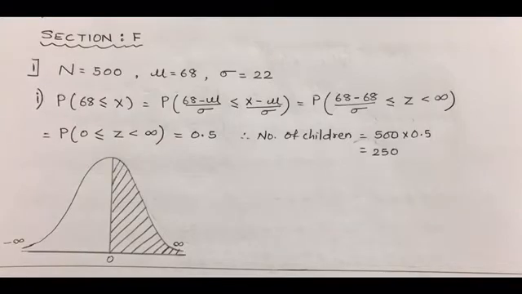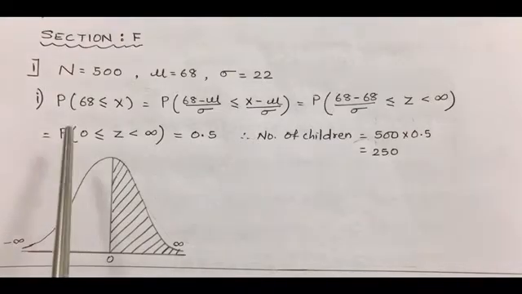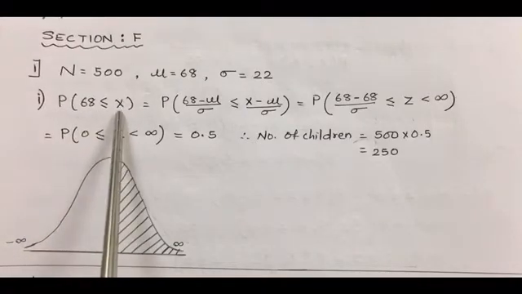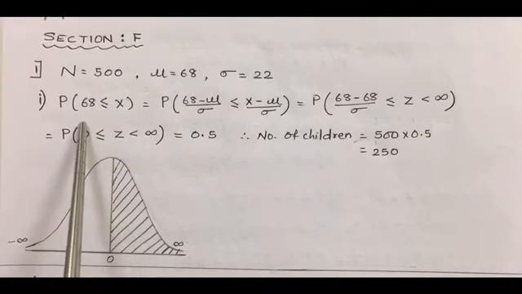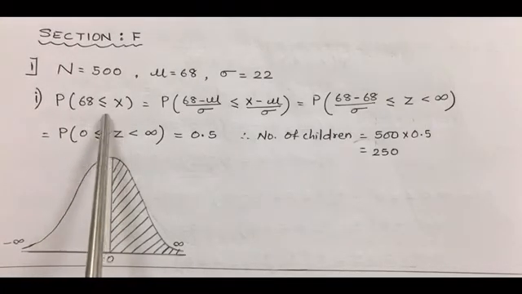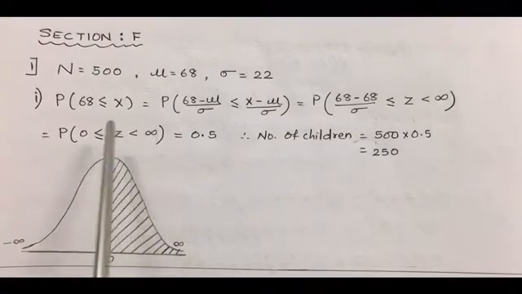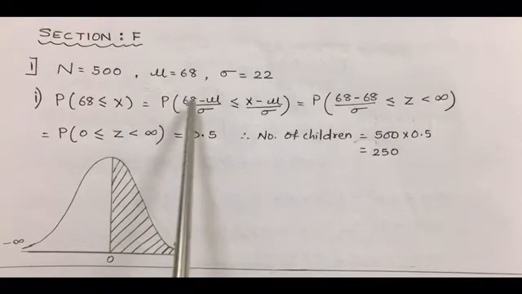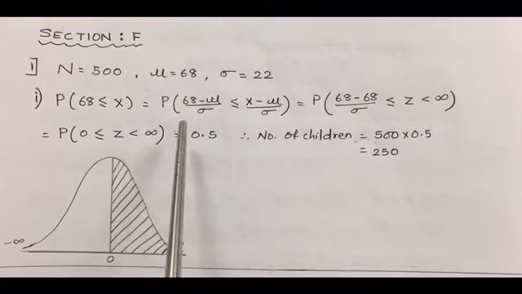If the marks obtained by the children are normally distributed, then the first question is, find the number of children getting marks more than 68. So X is considered to be marks and it should be more than 68. So 68 is less than or equal to X. Now we need to standardize the variable.